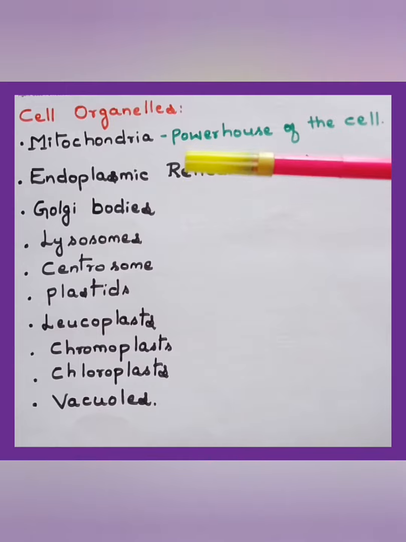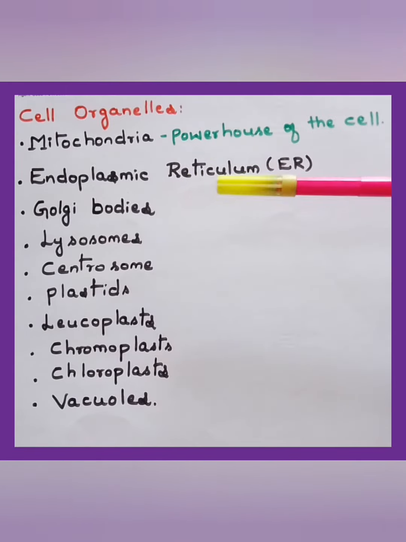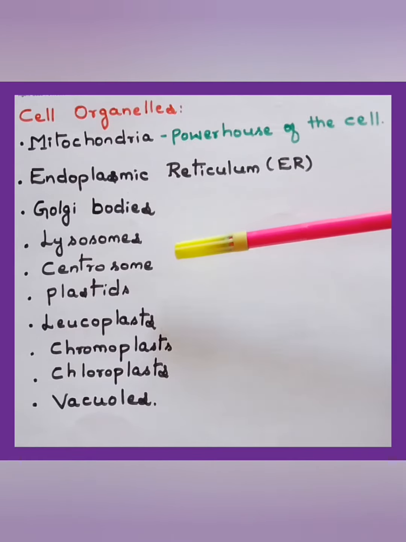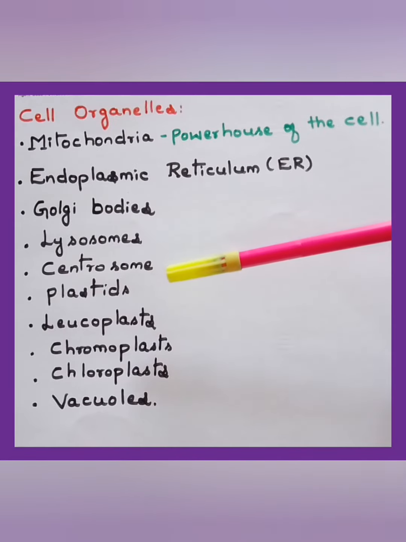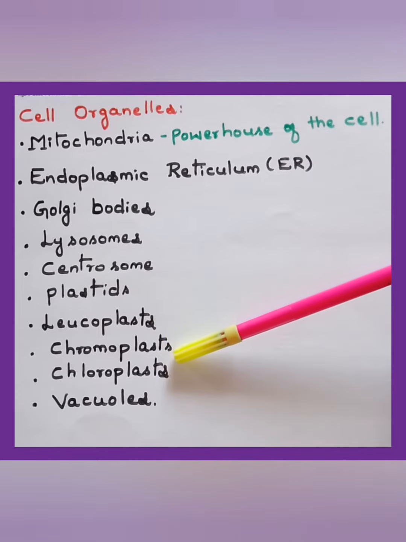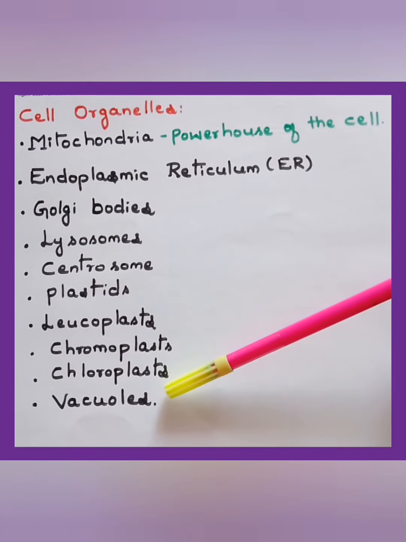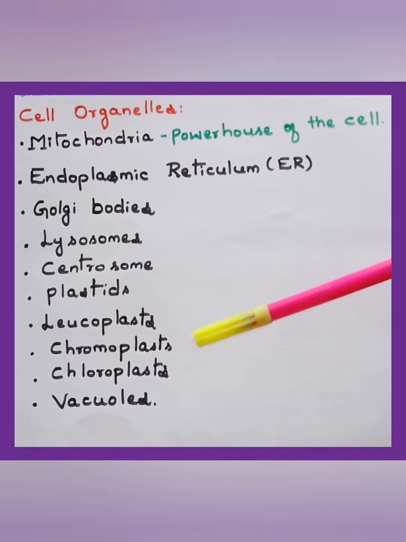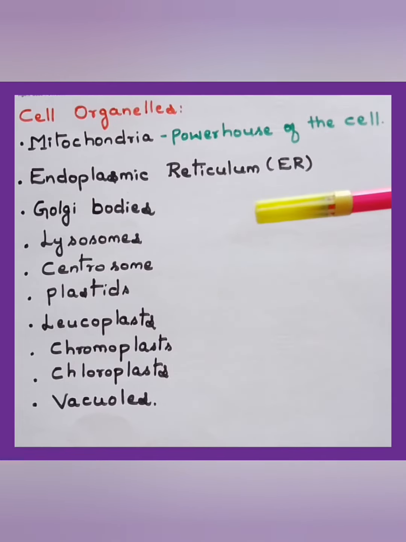They are mitochondria, endoplasmic reticulum or ER, Golgi bodies, lysosomes, centrosomes, plastids, leucoplast, chromoplast, chloroplast and vacuoles. So these are the cell organelles present in cells. Let us discuss them one by one.